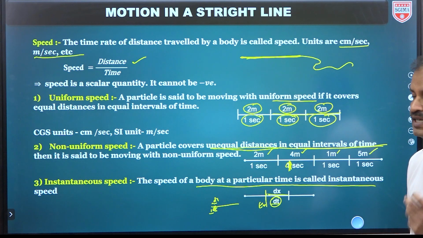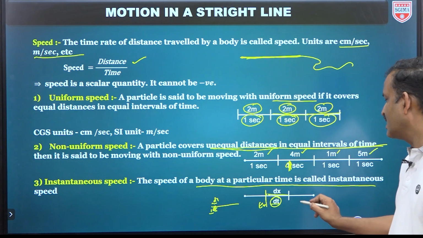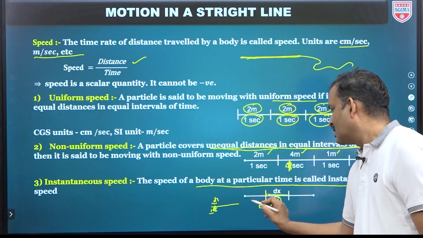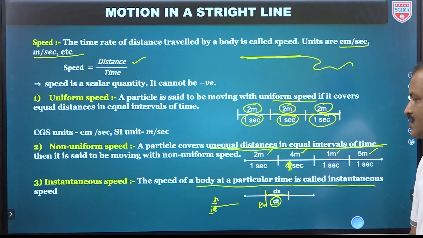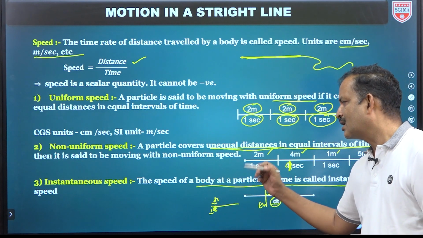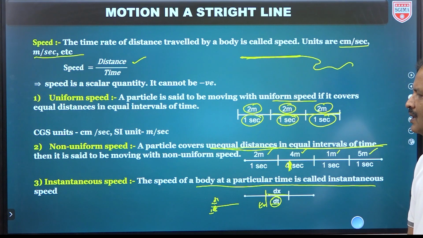That is instantaneous speed. Instantaneous speed is dx by dt. We have to do the differentiation of displacement with respect to time, and substitute t equal to that particular second. Then we will get the instantaneous speed.